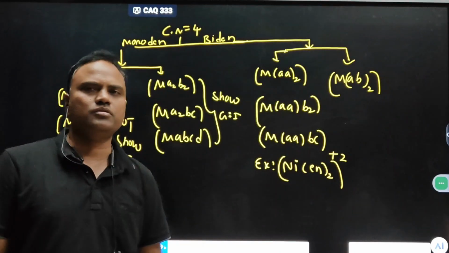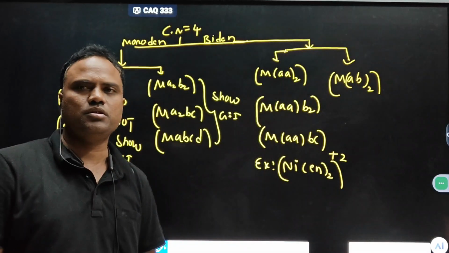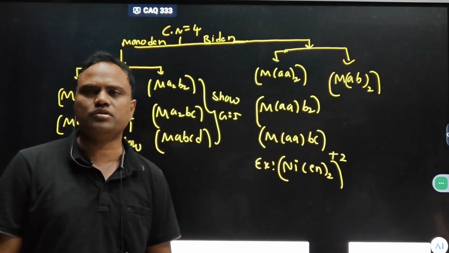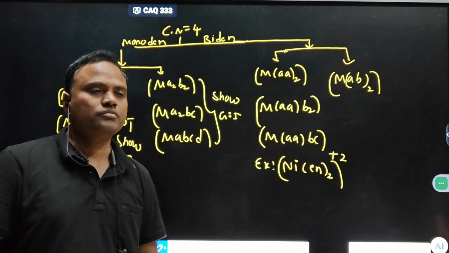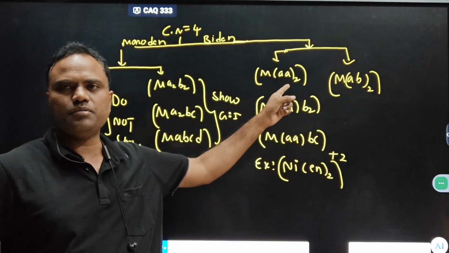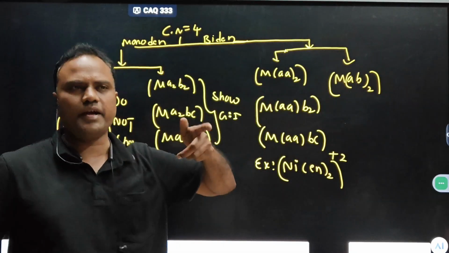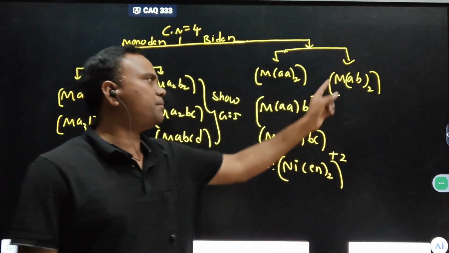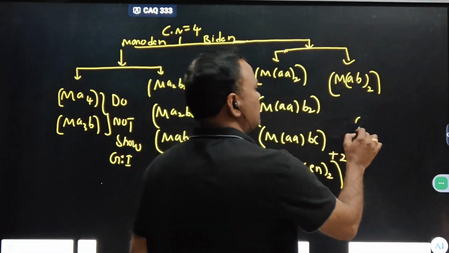Only nitrogen. Two nitrogen atoms are there. That's why I wrote AA. AA represents a symmetrical bidentate ligand in which the two donor atoms are the same.